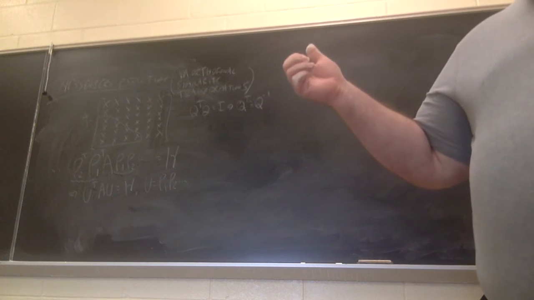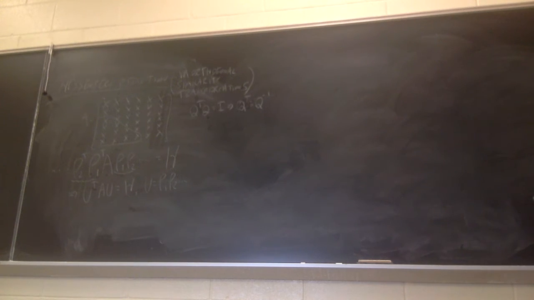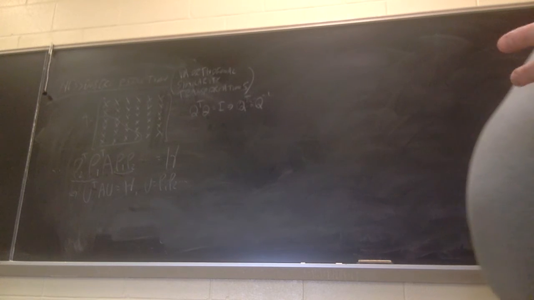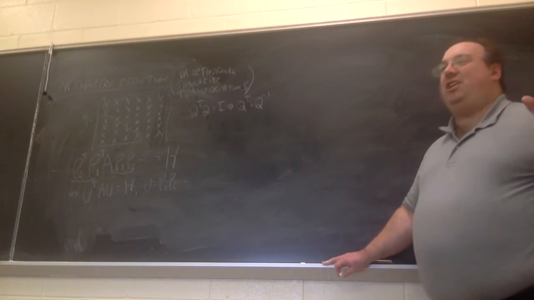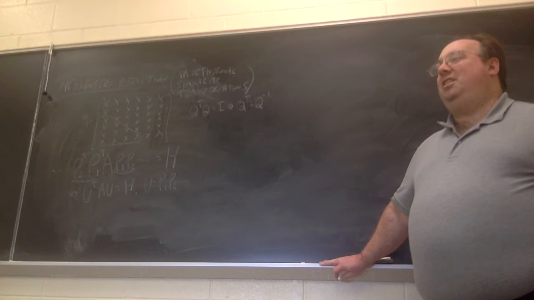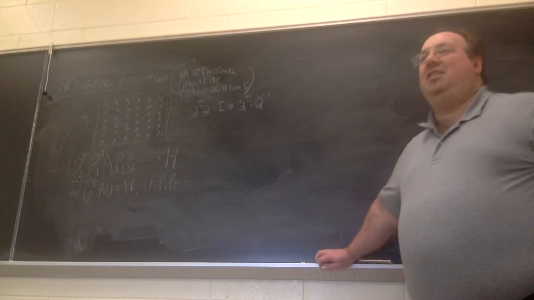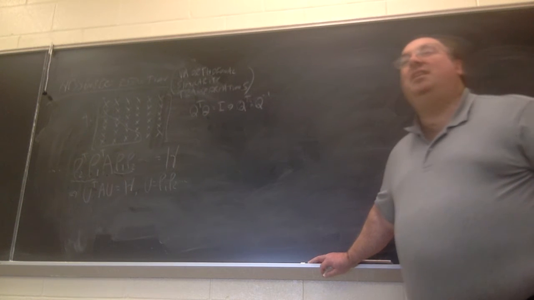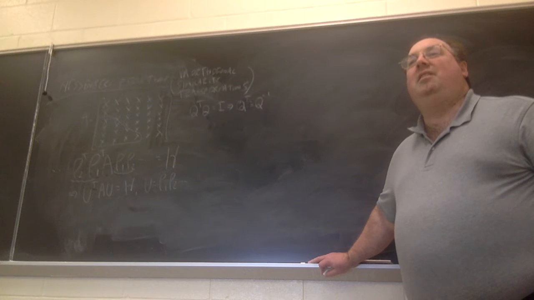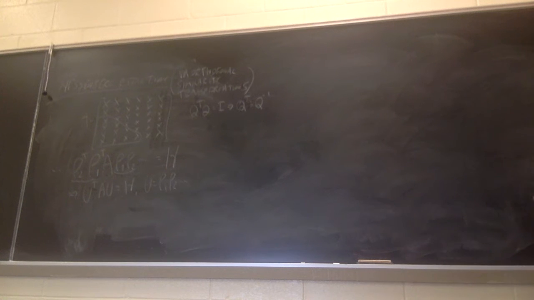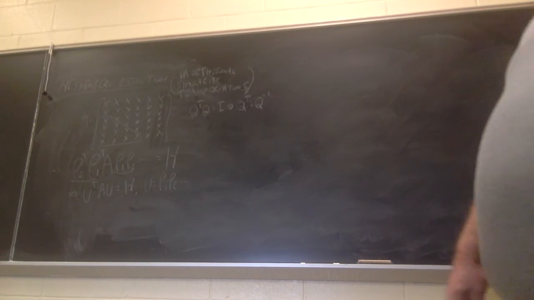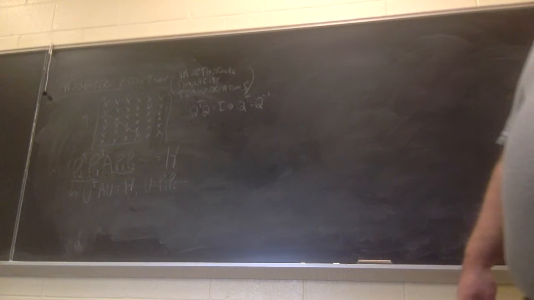What's the other one? Givens. All right. In terms of zeroing out entries, what does Givens do? If I do one Givens rotation, what does that accomplish? Yes, one entry of a matrix is what a Givens rotation zeroes out.